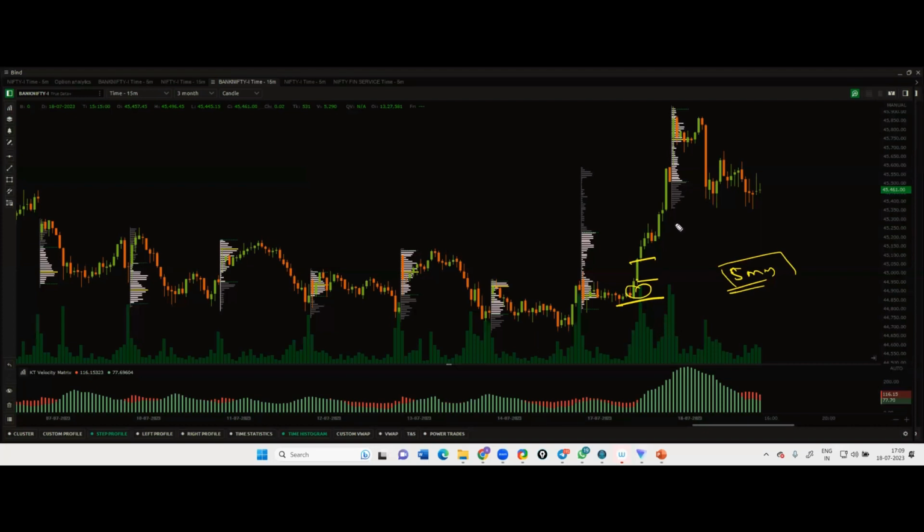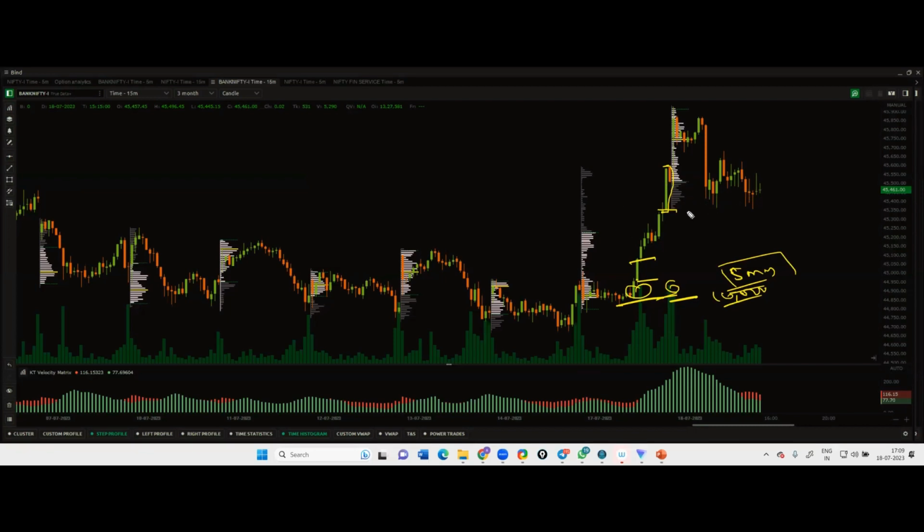For example, if you see this large bar of volume in this candle, the candle is a large one, the volume bar is also a large one. Let us say 10,000 contracts were traded in this particular bar, just an example. Now, within the entire bar, at what range were the maximum contracts traded?